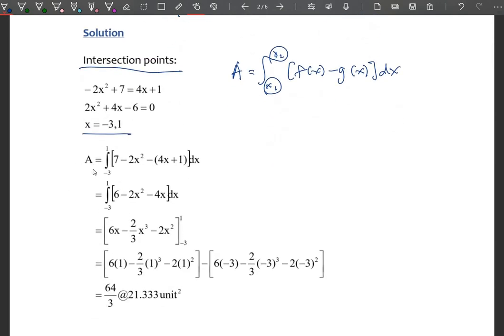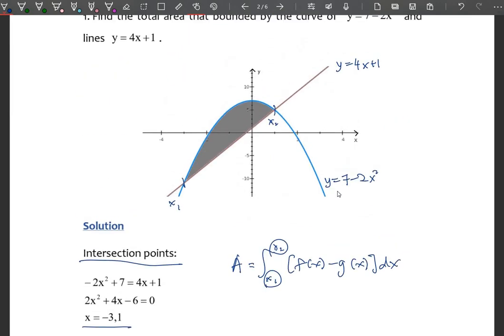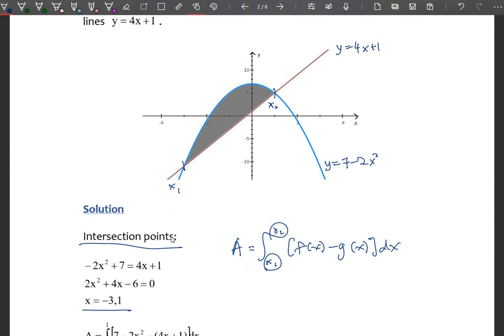Hence, A is equal to the integral from negative 3 to 1. That means lower boundary to the upper boundary, small value to large value. As we can see, the function on the top is y equal to 7 minus 2x squared.